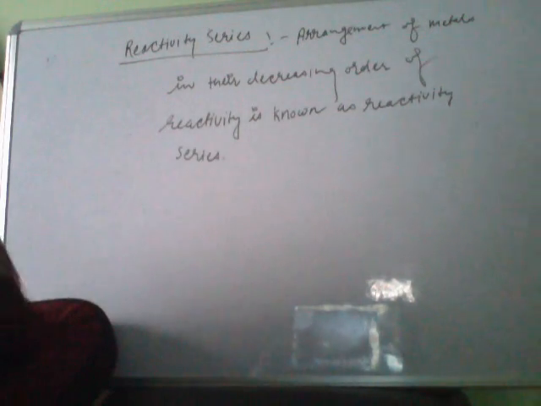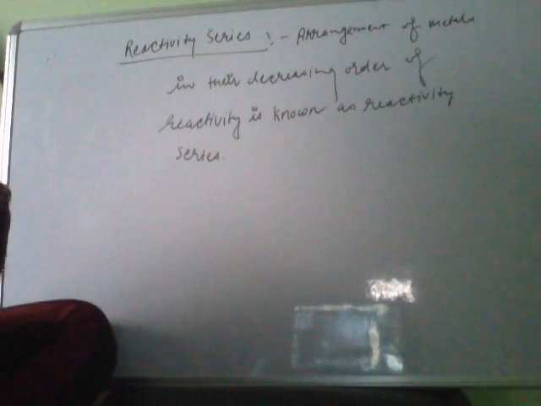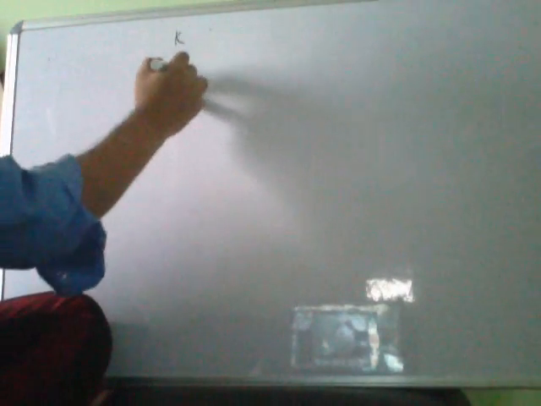Now, what is the decreasing order? We have to understand the decreasing order of the metals. The first metal, which is very reactive, is potassium.